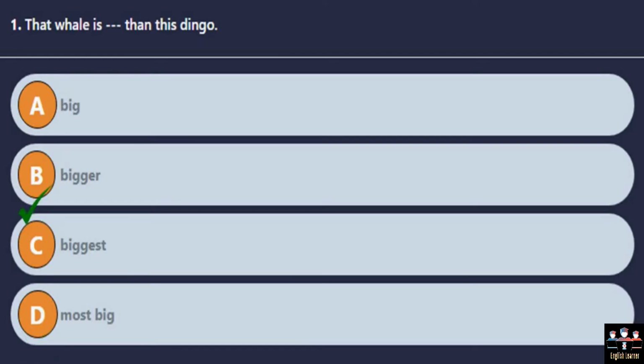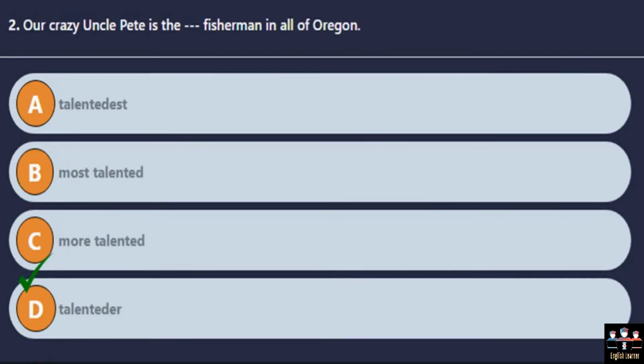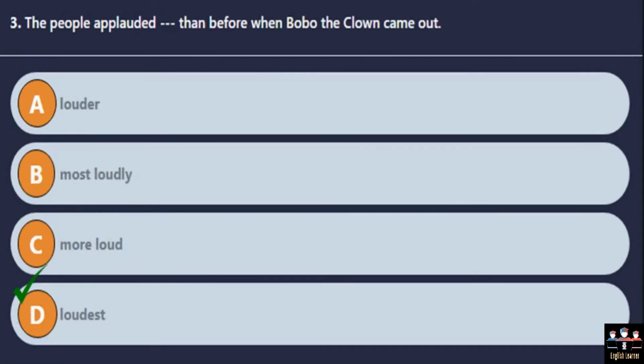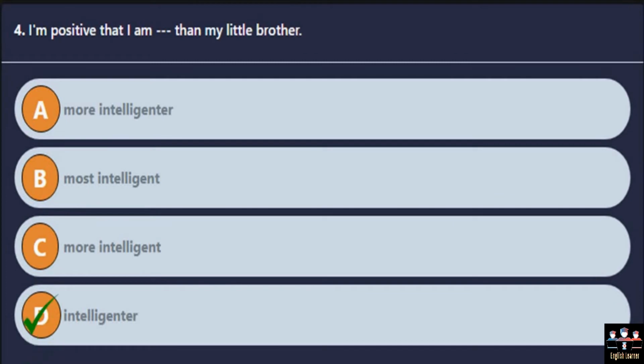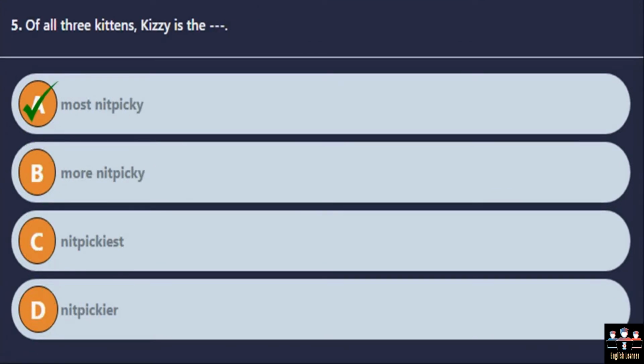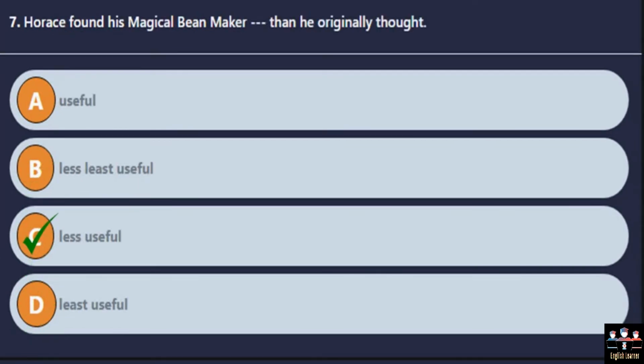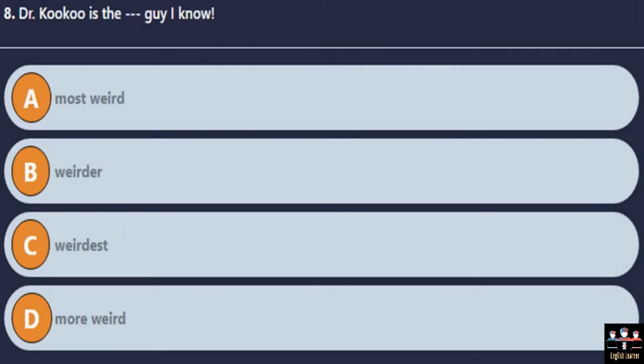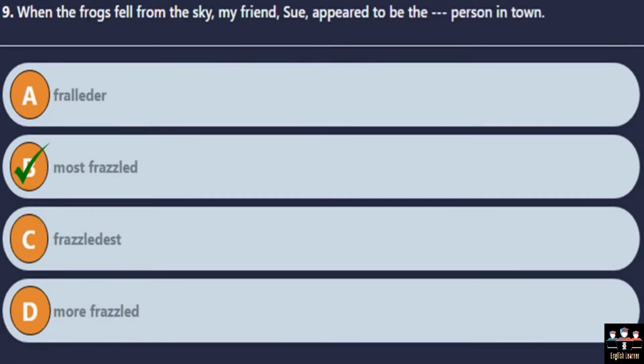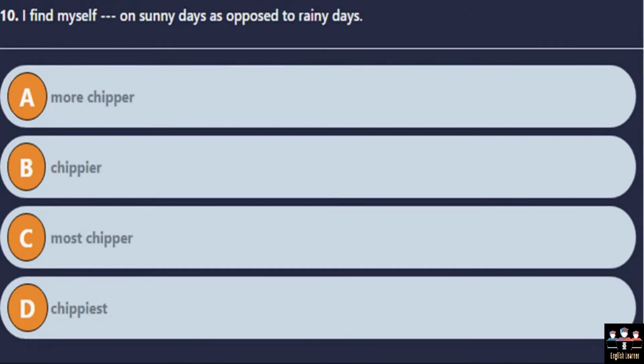Number 1 goes with B. Number 2 goes with B. Number 3 goes with A. Number 4 goes with C. Number 5 goes with A. Number 6 goes with B. Number 7 goes with C. Number 8 goes with C. Number 9 goes with B. Number 10 goes with A.